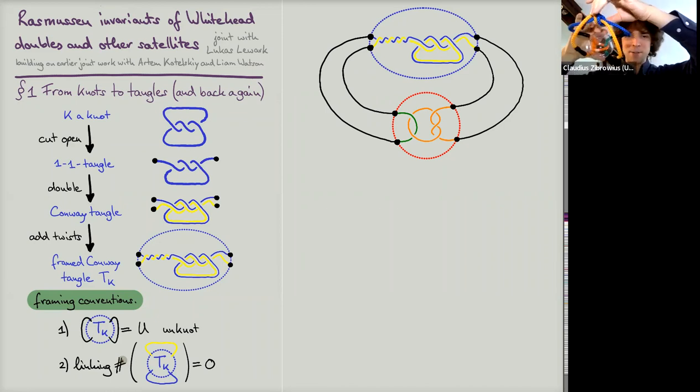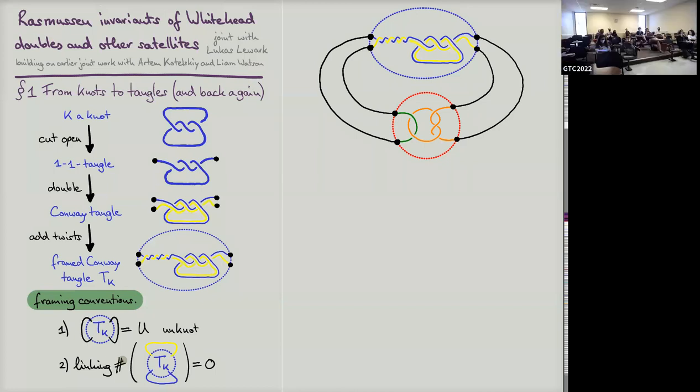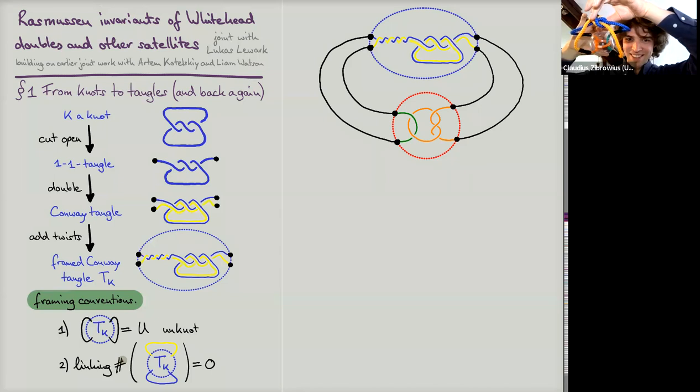Can anyone tell me something interesting about this particular knot? For example, is it hyperbolic? Would anyone like to have a guess? Not a star. No, it's not. It's not a torus knot. So this is not a hyperbolic knot because this is a satellite knot.